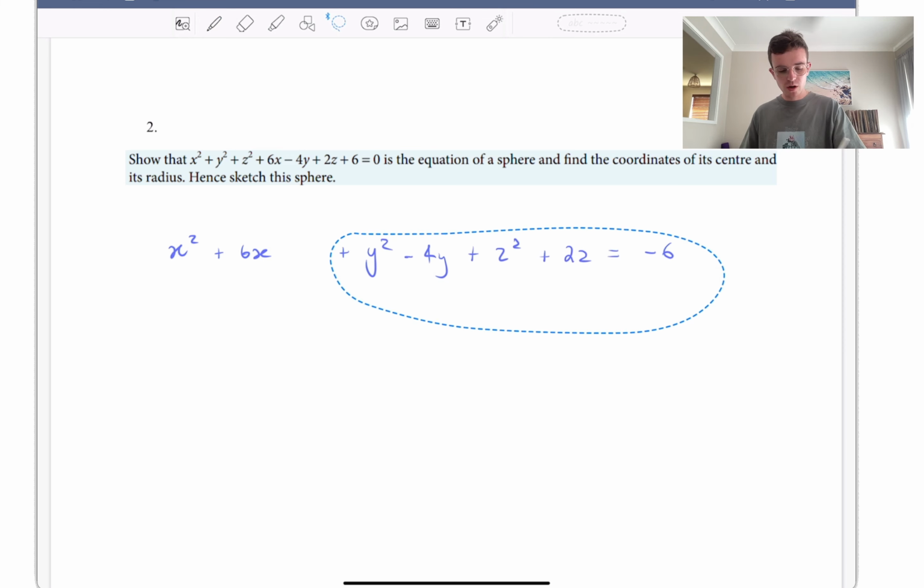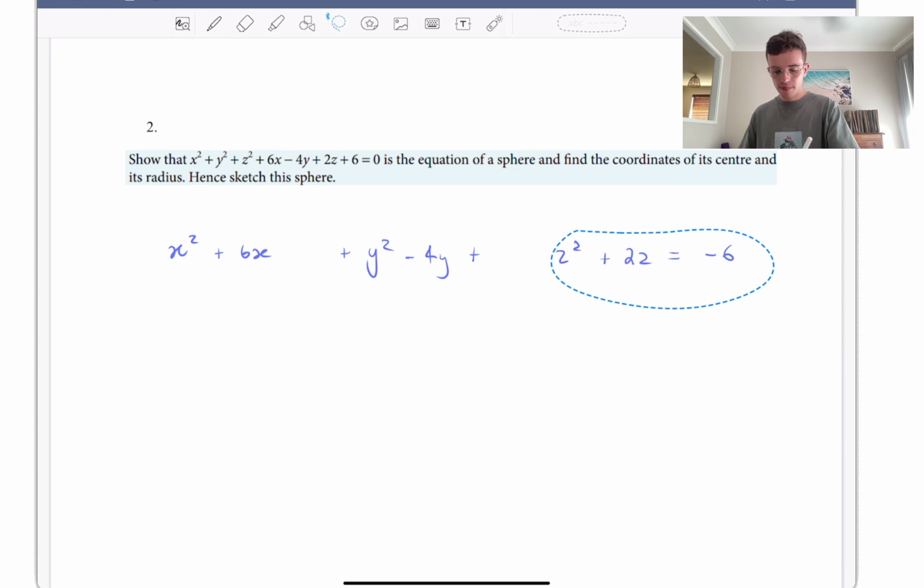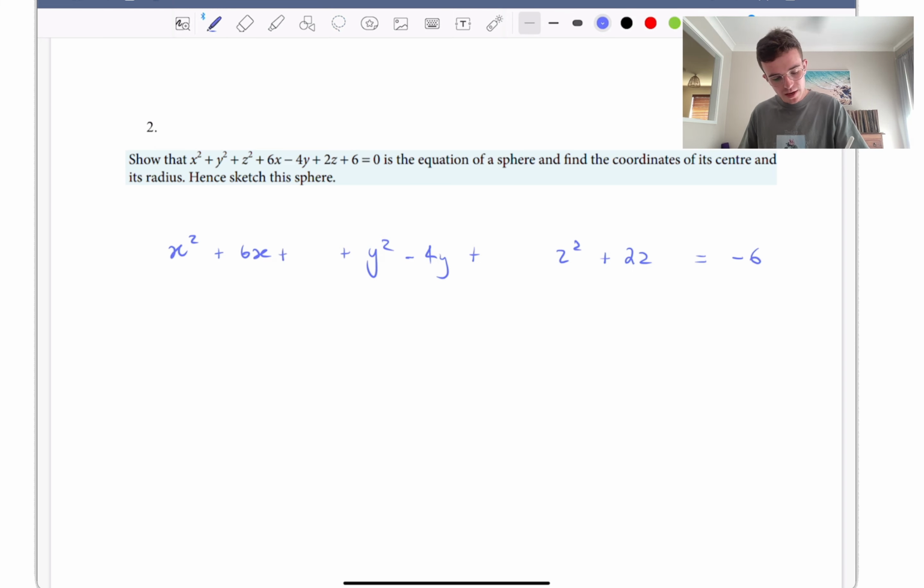Now I'm going to leave some gaps because I'm going to complete the square. So if we complete the square, divide 6 by 2 and square it, we get plus 9. Divide the 4 by 2 and square it, we get plus 4. Divide the 2 by 2 and square it, we get 1. And then we're plussing 9 plus 4 is 13 plus 1 is 14.